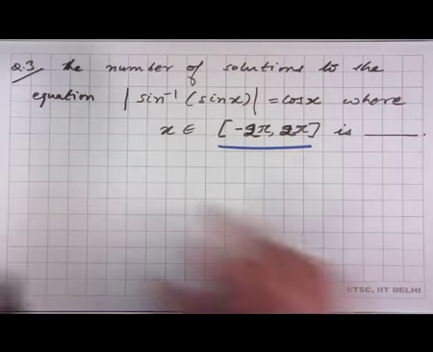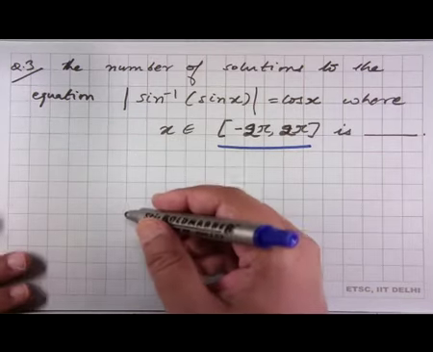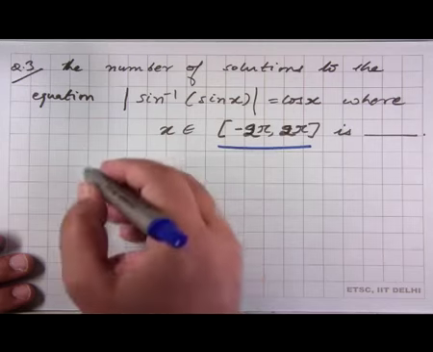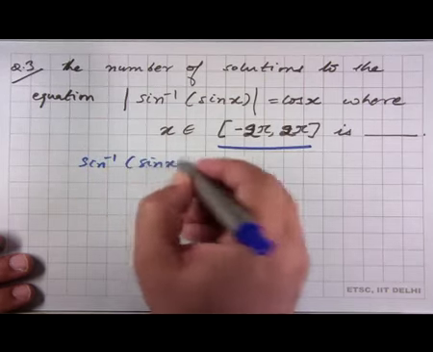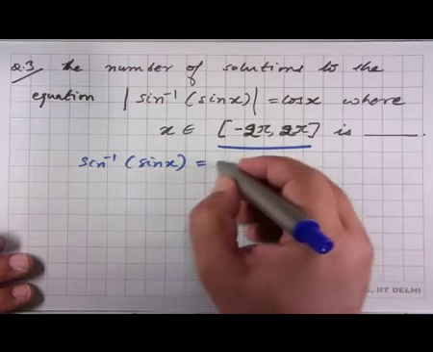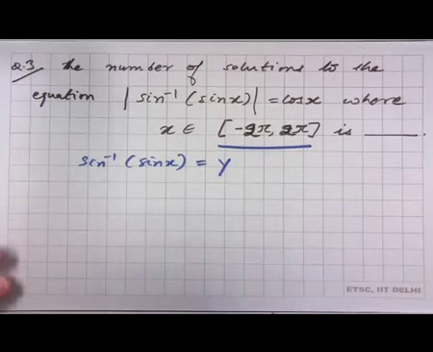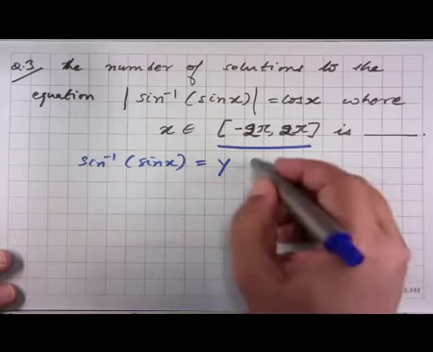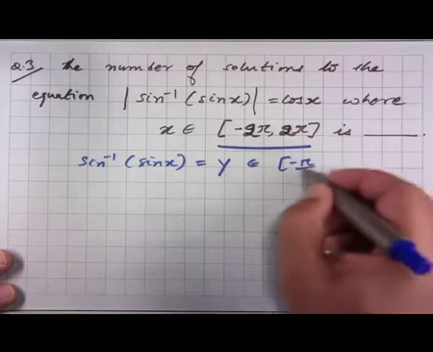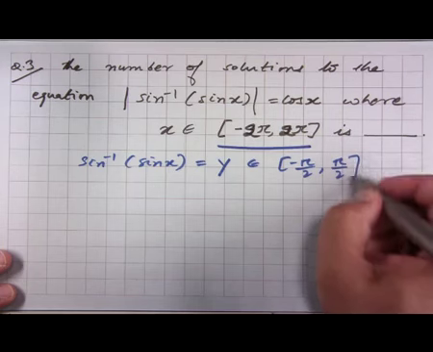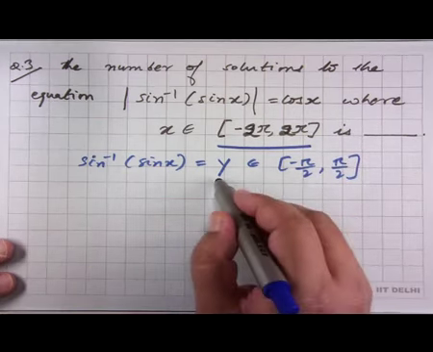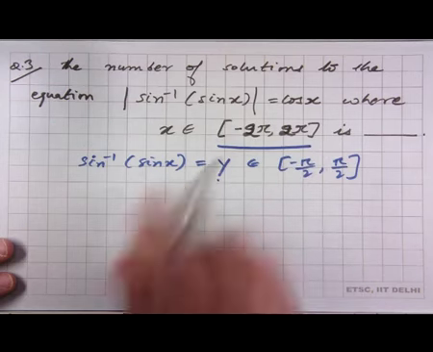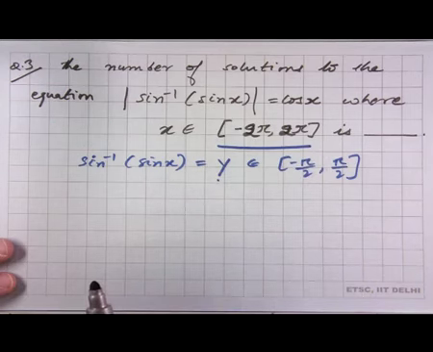And that is not very difficult because, let us say that sine inverse of sine x is equal to y. Of course this value of y has to belong to the range set of the sine inverse function, which is minus pi by 2 to plus pi by 2, but we need to express this y in terms of x. That is what our ultimate goal is going to be.